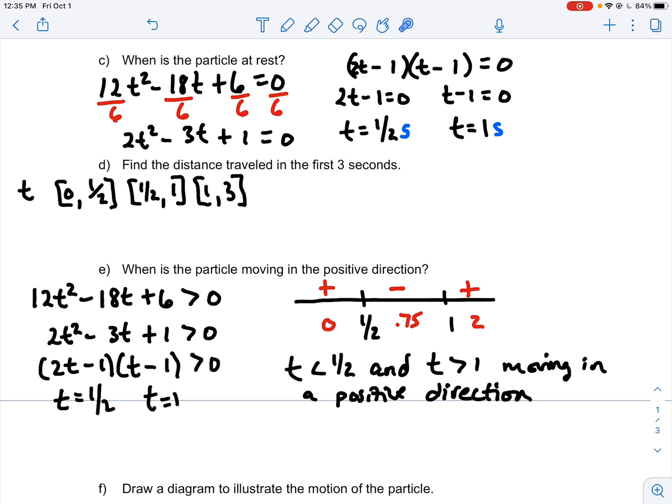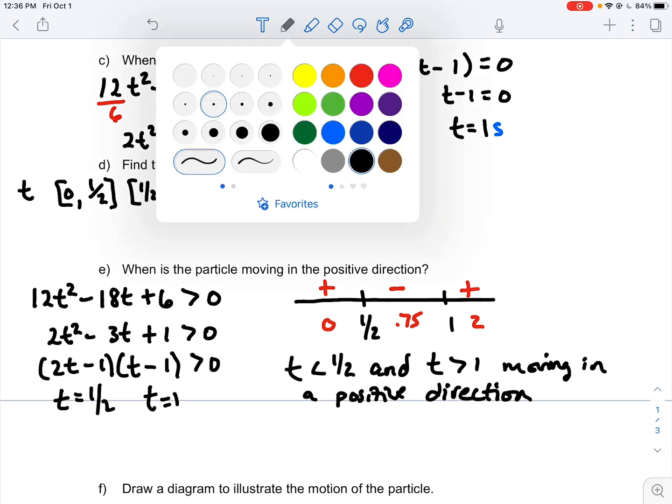So I've got these 3 periods that kind of divide up how my object is traveling, okay? So I need to figure out the distance here, okay? And so the way we're going to figure out the distance is like this.